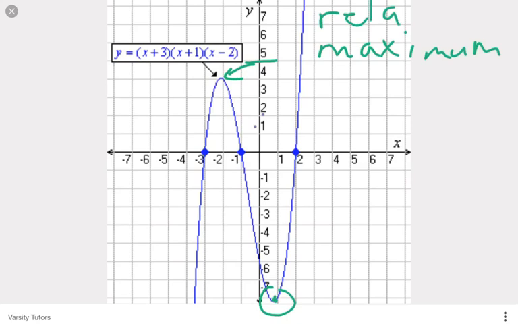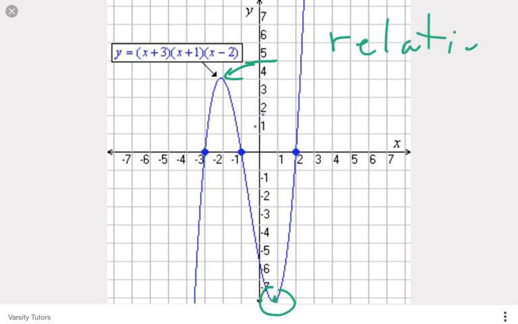Relative maximum. Let me try that again. Relative maximum. Obviously need to start working on my writing some, but hopefully it's legible enough.